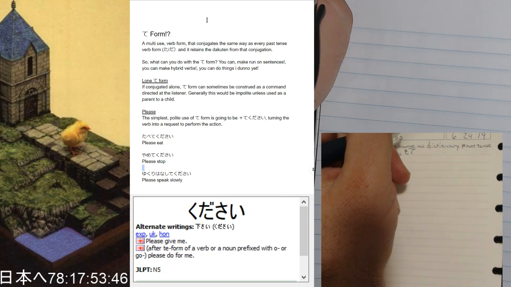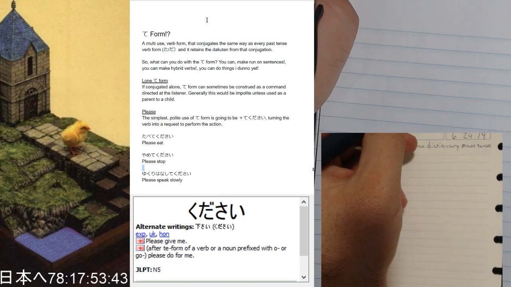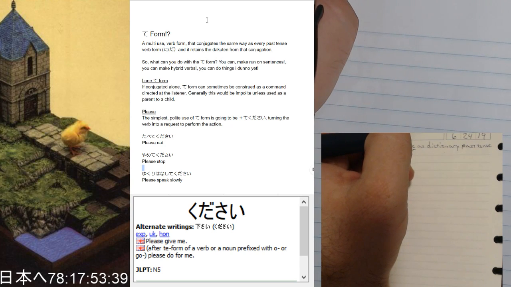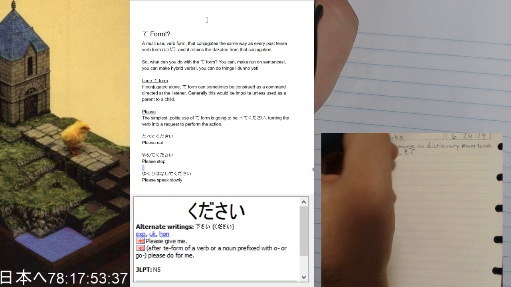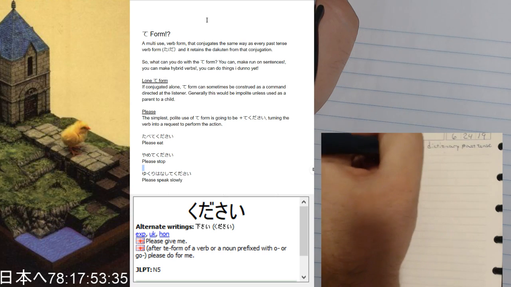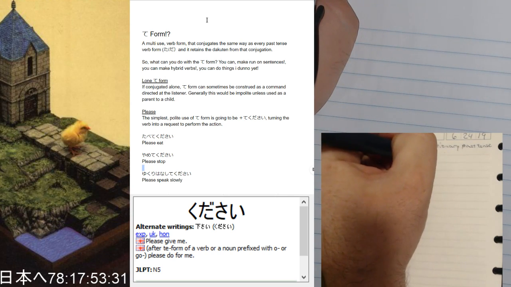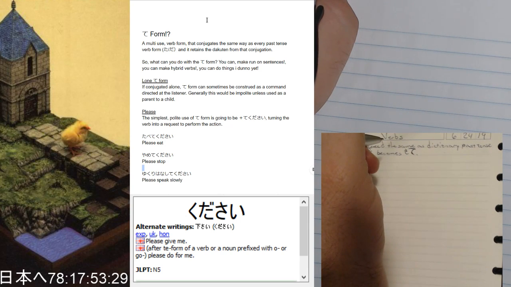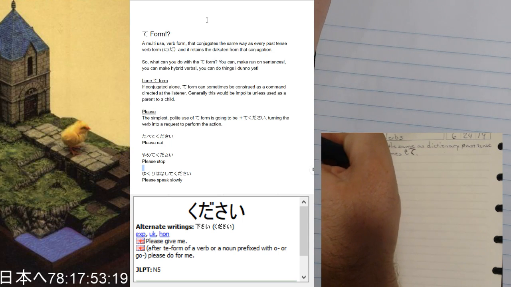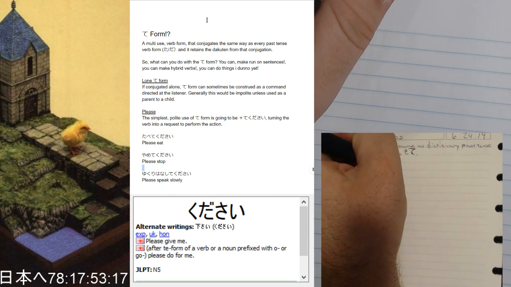And we're going to go over the different ways that you use that. Anytime that you use the te form of a verb, it's going to be conjugated the same way you use the ta form, the past tense dictionary form. But don't try to conjugate out of the polite form. Don't say kimashite. It's kite. So just to clarify, don't try to do it out of the polite form.